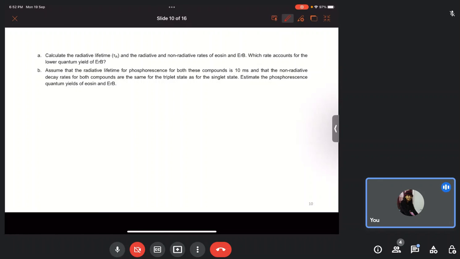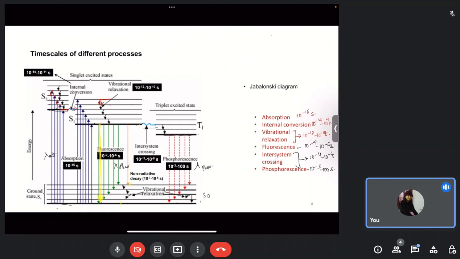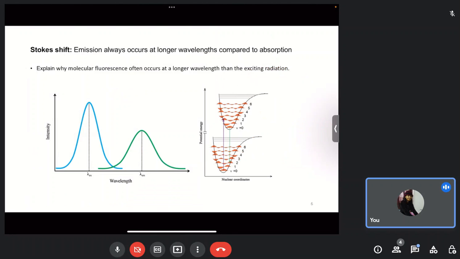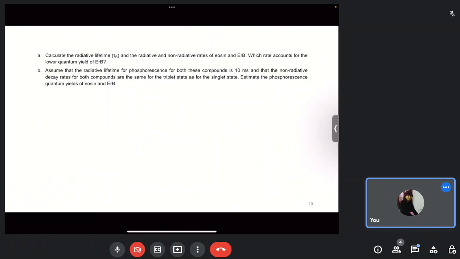Yeah, the second part of the question: assume that the radiative lifetime of phosphorescence. So we had seen what is phosphorescence a couple of slides back, right? Phosphorescence is also a radiative process where the molecule comes from the first excited triplet state at its lowest vibrational energy level to the ground state.